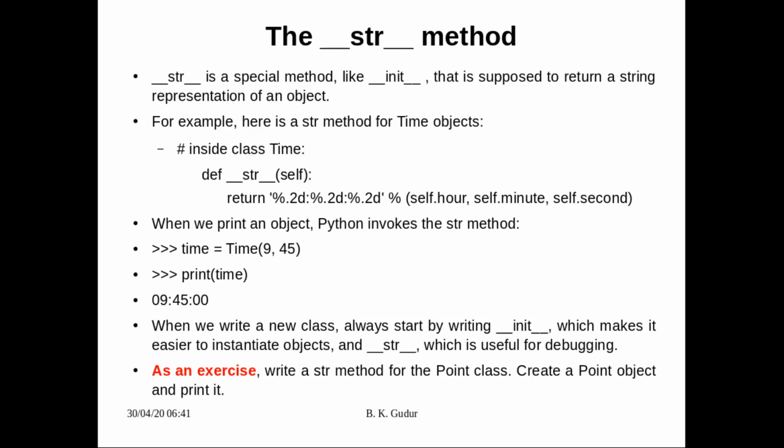As an exercise, write a str method for the Point class, create a Point object and print it. In the previous exercise you wrote an init method and later you write a str method. In that program you create a Point object and print it using a print function. If you come across any doubts while writing, you can ask me.